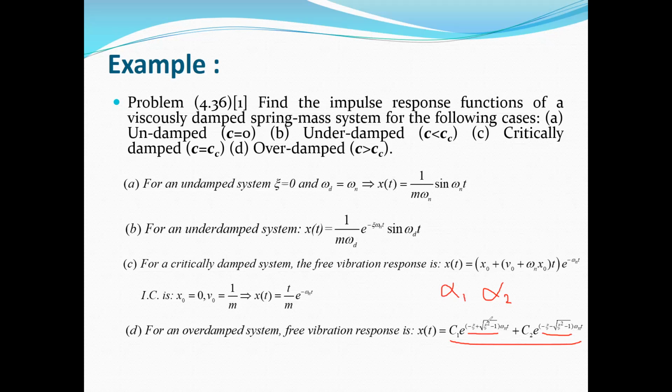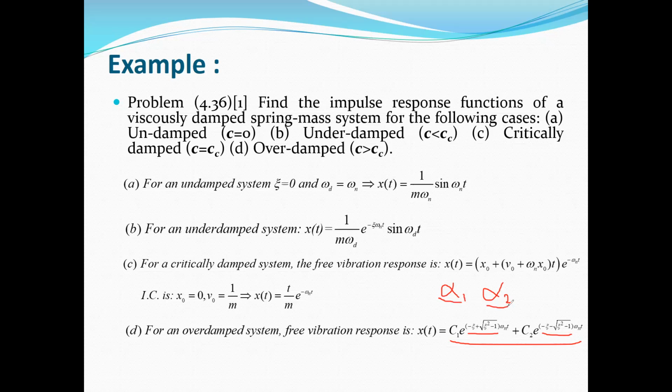Because psi is more than 1 in an overdamped system, the expression under the radical is positive, so these are real numbers, and we will have two distinct real roots of the characteristic equation.